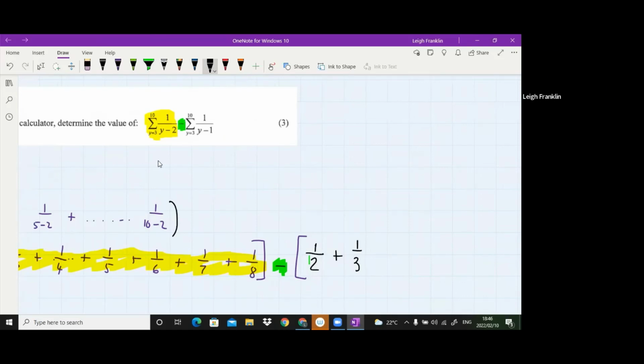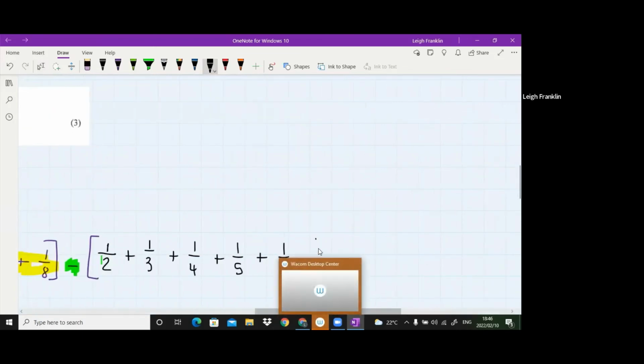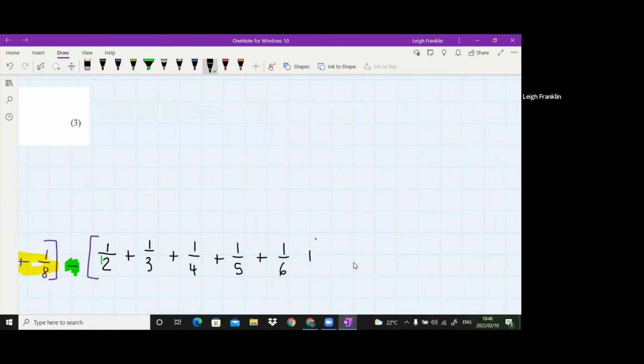So 4 minus 1 is 3. Then I've got to sub in 5, then 6, then 7, then 8, then 9, and then 10.